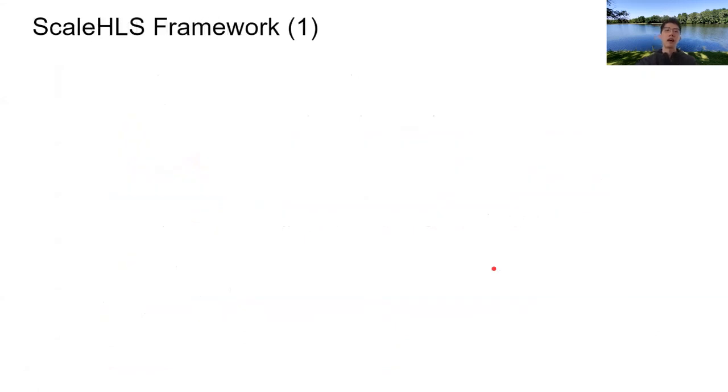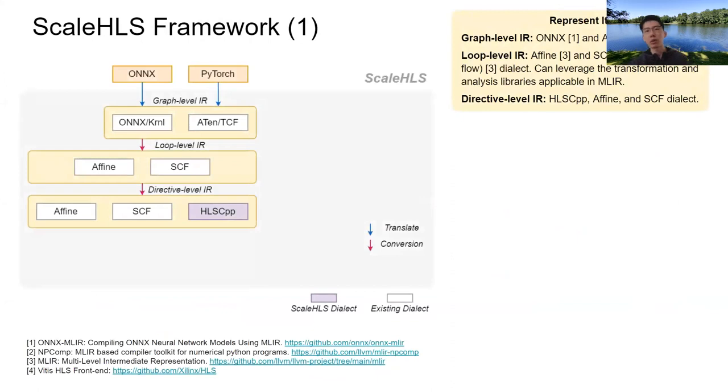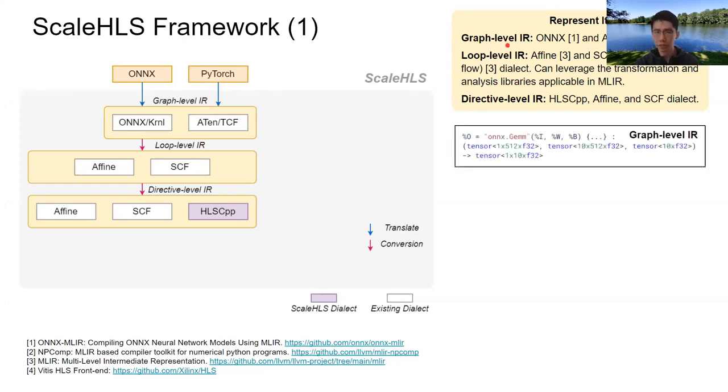All right, then let's talk about the framework of ScaleHLS. As we previously mentioned, the first step is to represent the high-level synthesis designs in MLIR. So here in ScaleHLS, we have 3 levels of IR. For the graph level IR, we're using third-party dialects called ONNX and ATen to represent the graph level IR.